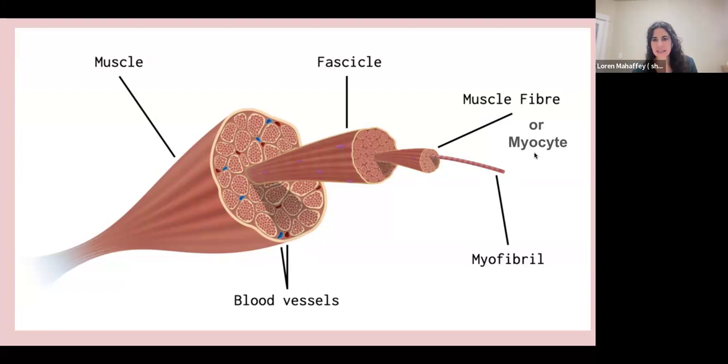And that is an actual muscle cell. So a myofibril is not a cell, it is components that are bound together to create the first level of a muscle cell called a muscle fiber or a myocyte.